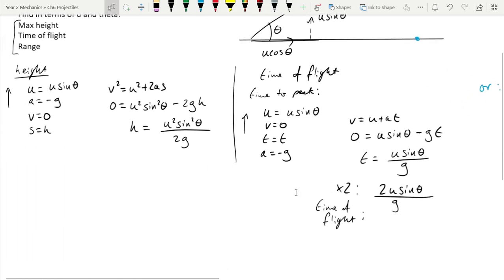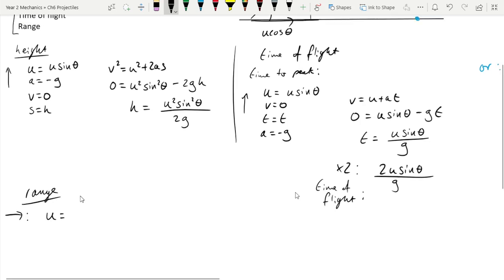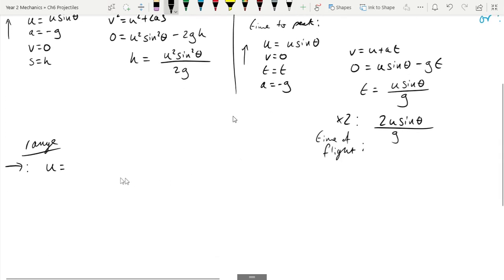Now that we've got the time of flight, we can calculate the range. For the range, the horizontal distance, we obviously want to think horizontally. So u, if I look back at my diagram, horizontally is u cos theta. The acceleration horizontally is 0, because gravity only acts vertically and there's no air resistance. And we want to find the distance, so I'm going to call it x.